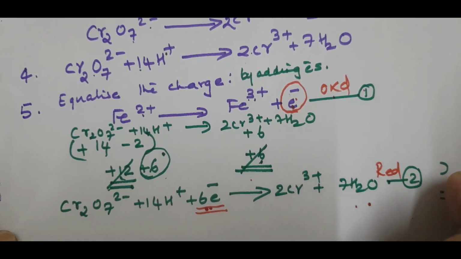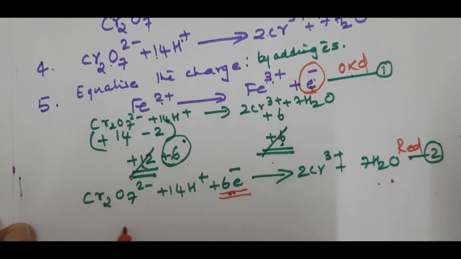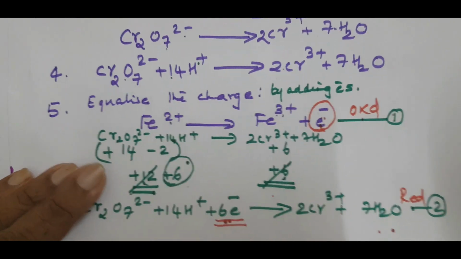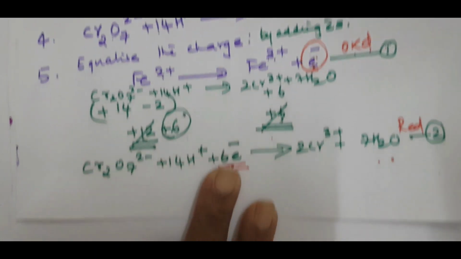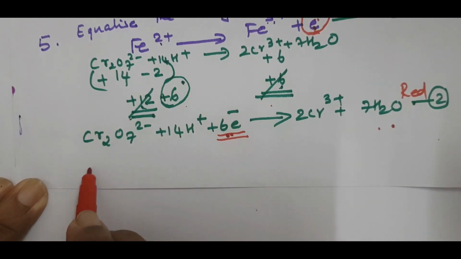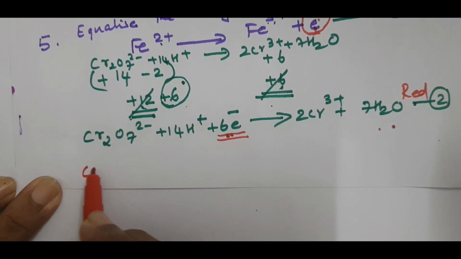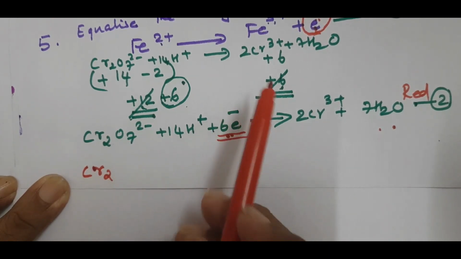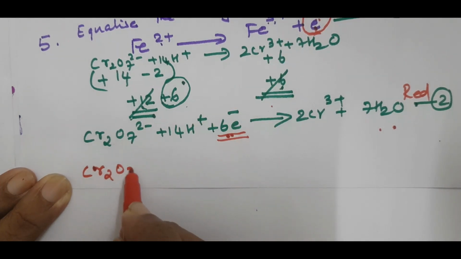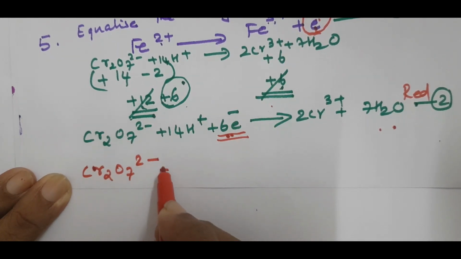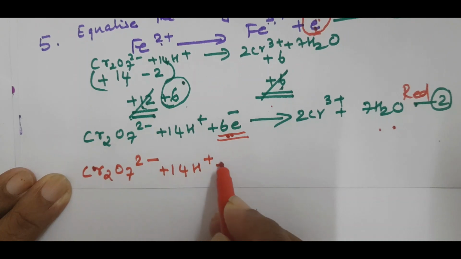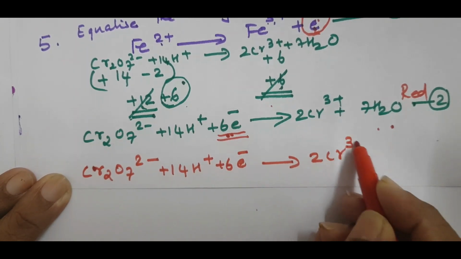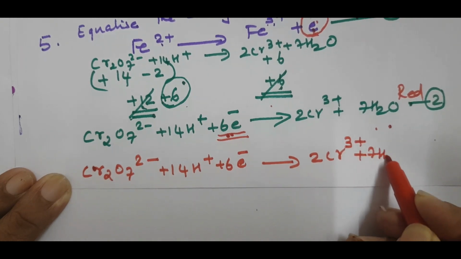So cross multiplying, what will you get? You will get 6 electrons, so that remains the same because you multiply it with 1. So Cr2O7 2- plus 14H+ plus 6 electrons gives 2Cr3+ plus 7H2O.